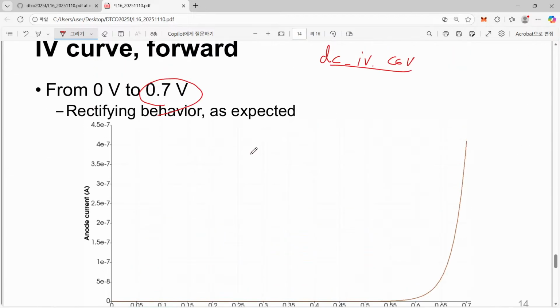This one is a forward one. Forward means that you have applied positive 0.7 volt to your anode. But please try to apply negative bias to your anode voltage as well. So how can you do that?